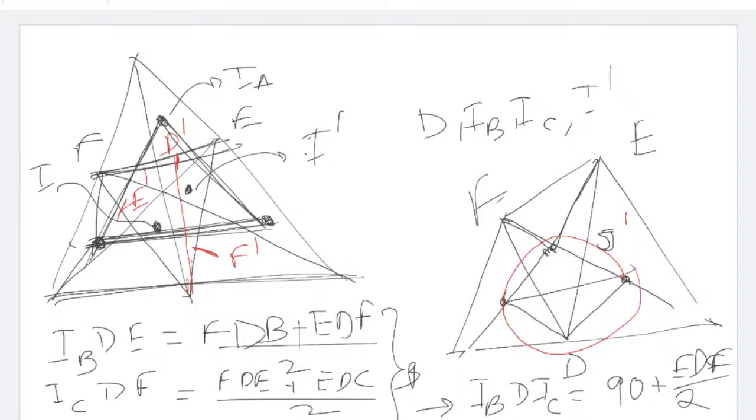Okay, this is turning out to be a hard problem to say the least.